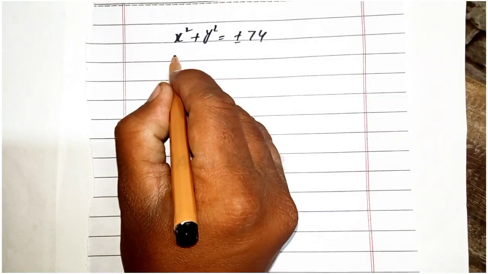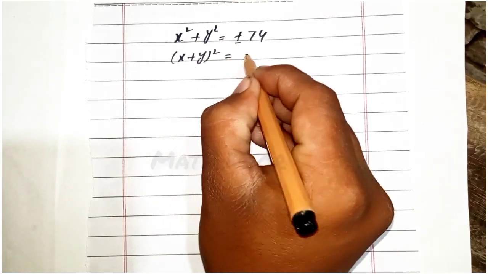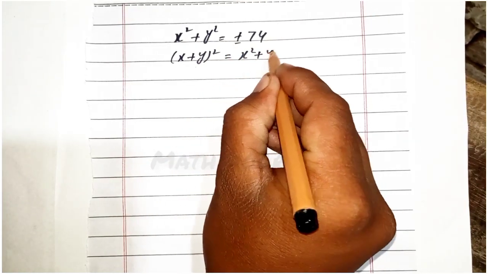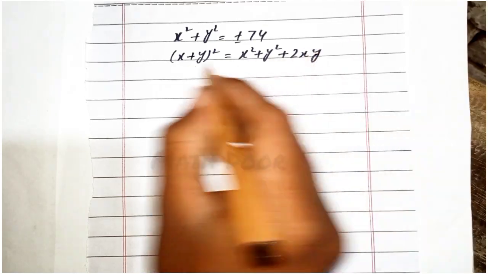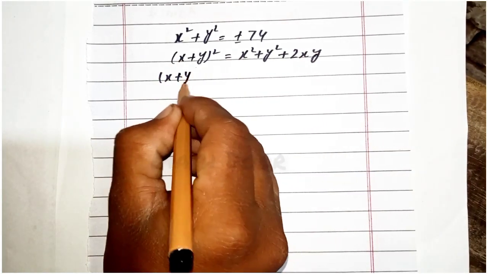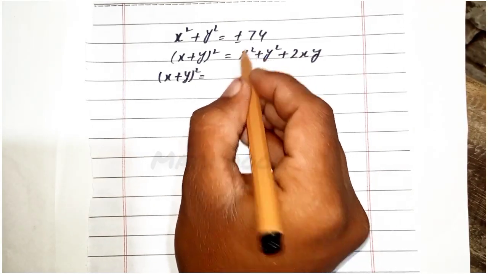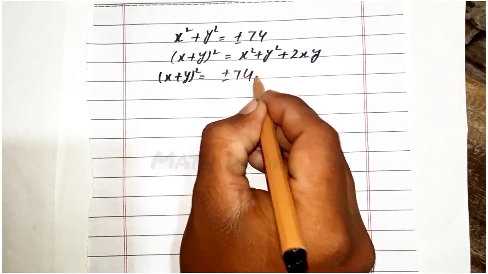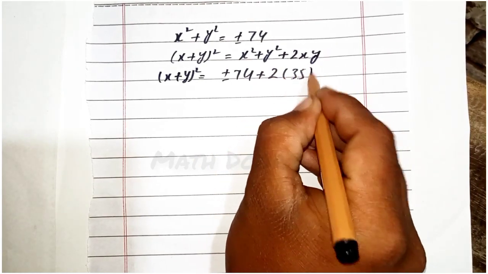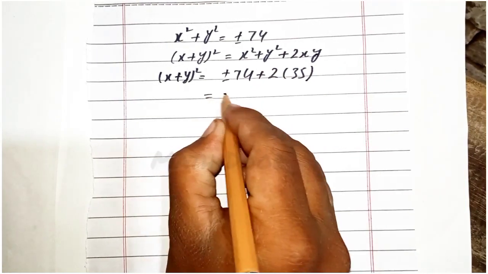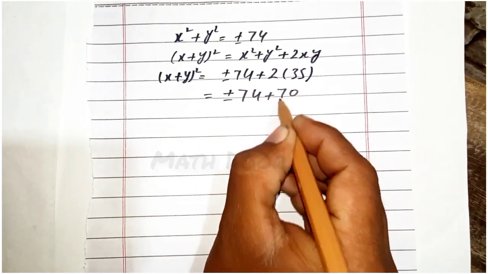We have a formula like that, (x plus y) square is equal to x square plus y square plus 2xy. (x plus y) square would be equal to plus minus 74 plus 2 times 35, which is 74 plus 70 or minus 74 plus 70.